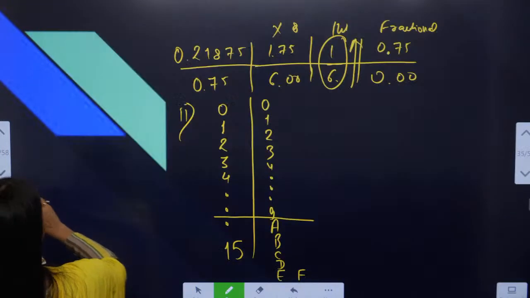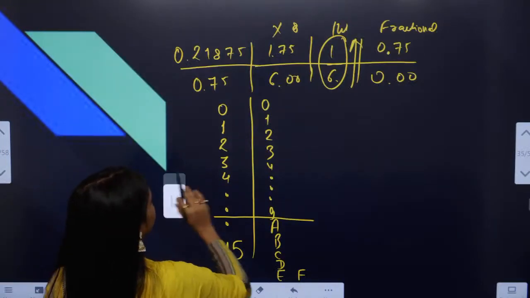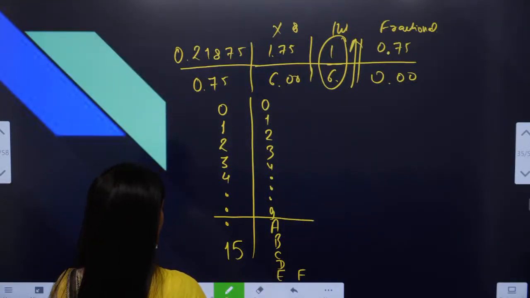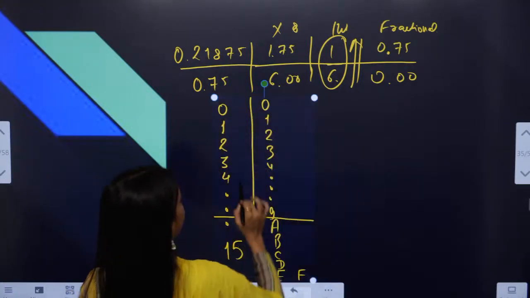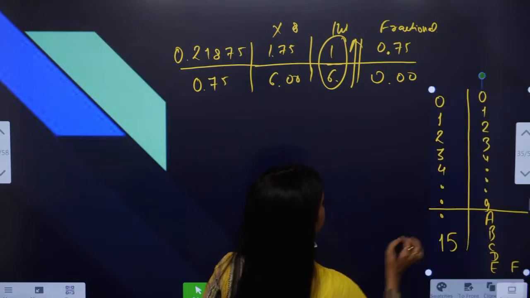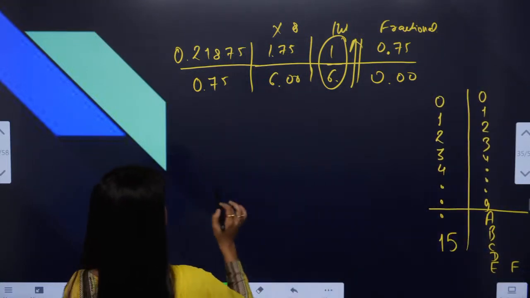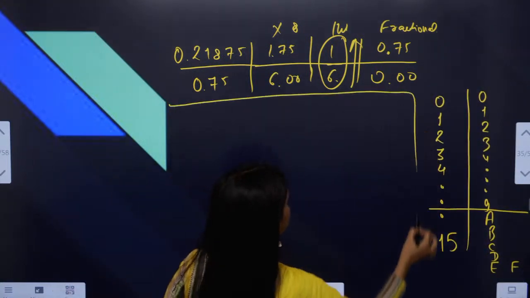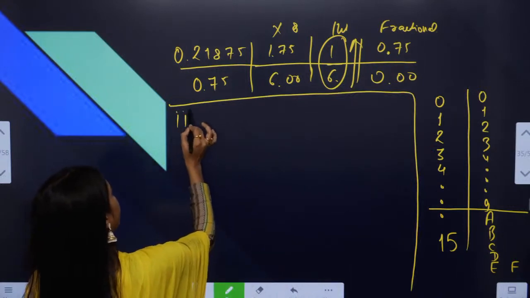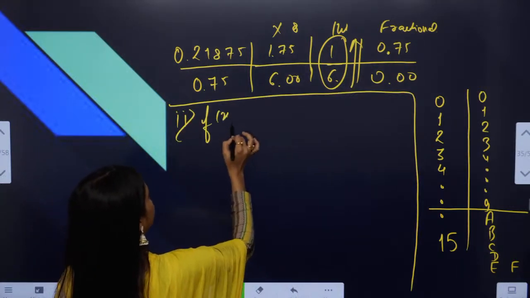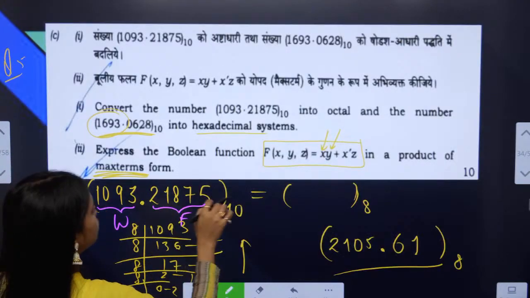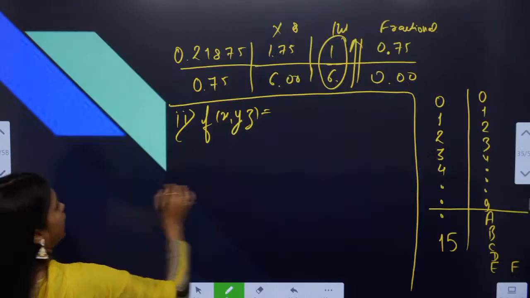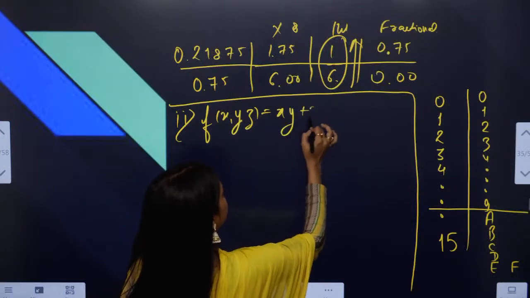This was not the second part, right? I will shift this to the side. Right, let us start the second part. In the second part, f(x,y,z) was given to us as xy plus x dash z.